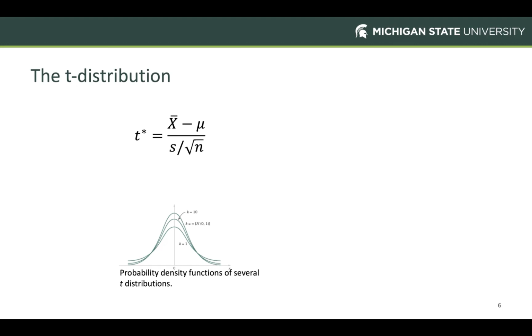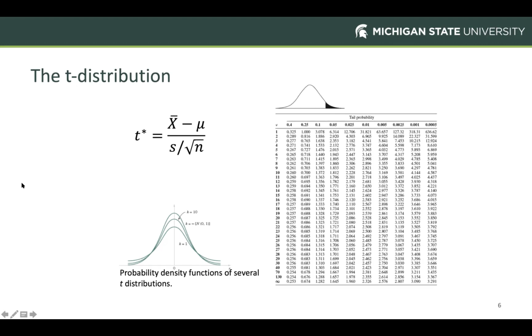And so what that means in practical terms is that in order to reject the null, we'd have to observe a larger test statistic for the t than we would for the z statistic, okay? Hopefully that makes sense.